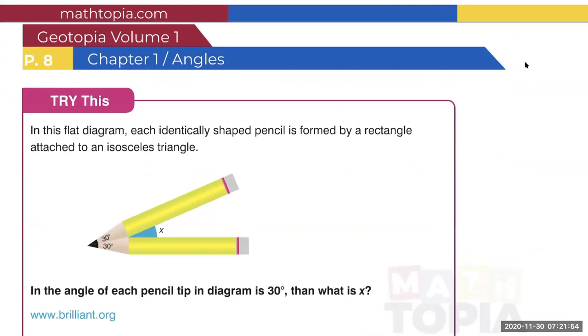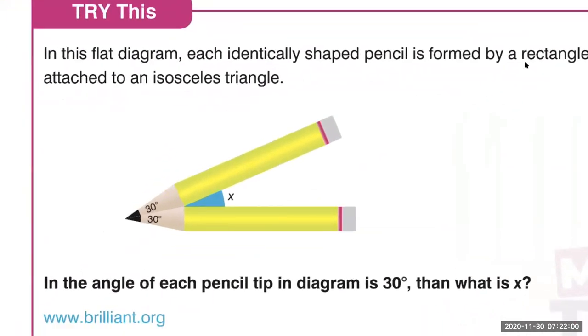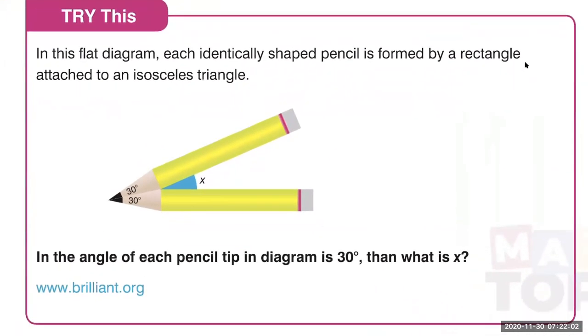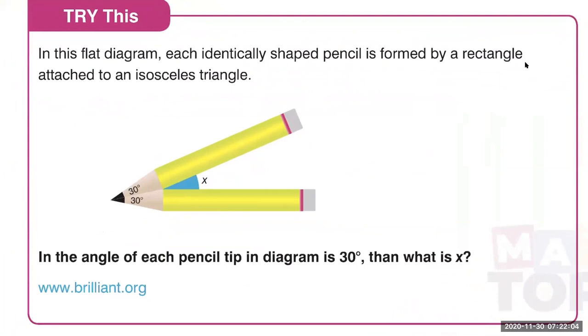Page 8, another side problem from brilliant.org. Let me make this one bigger. It's a two-diagram problem, with 30 degrees and 230 degrees, and we need to find x. But what information will be useful?